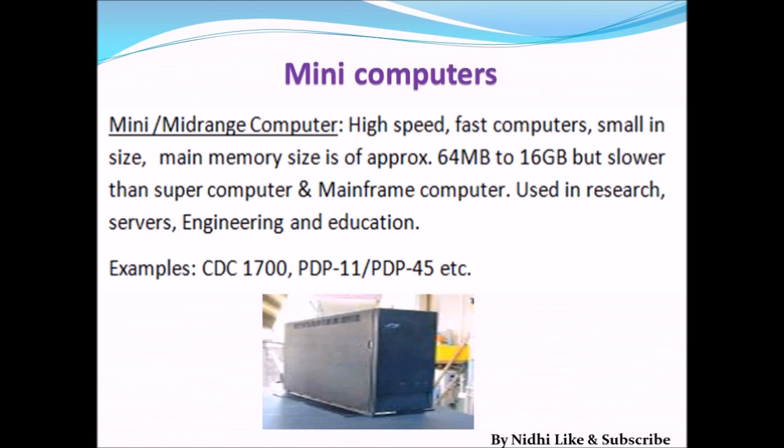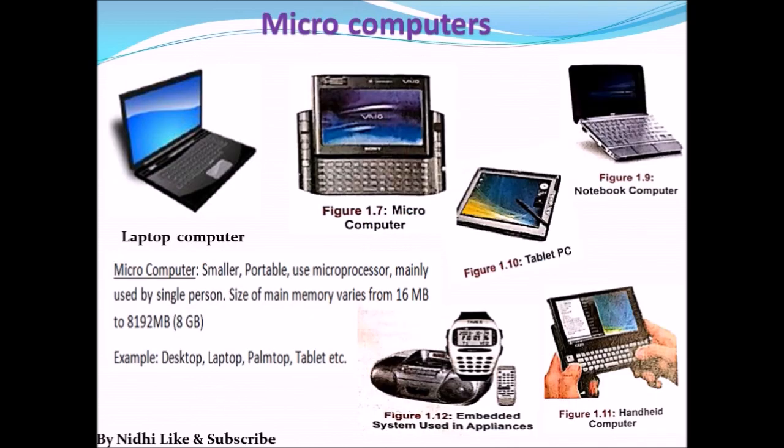Next are microcomputers. Microcomputers are widely used by us. The computers that we use for general purposes come under the category of microcomputers. They are smaller and portable, meaning movable. They use a microprocessor, mainly for a single purpose. Memory size varies from 16 MB to 8 GB.